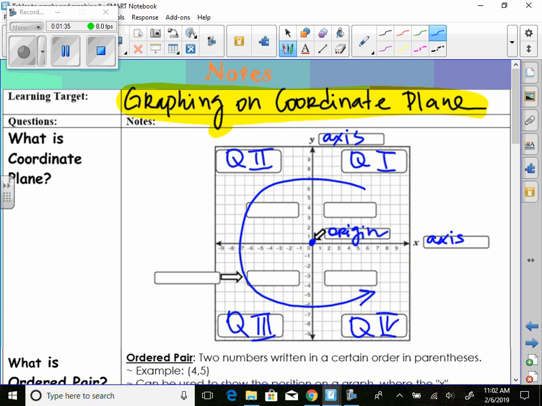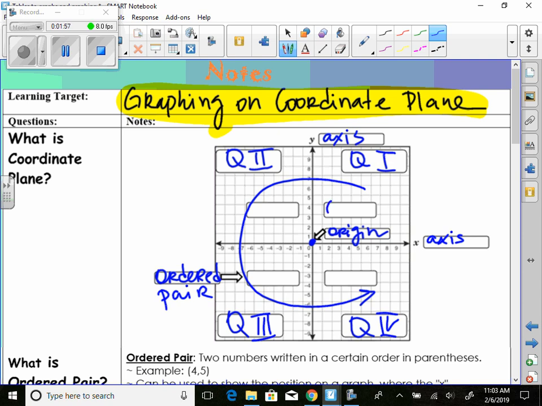Okay. So when we plot points on a coordinate plane, we plot them using ordered pairs, or coordinate pairs. So you will always be given two numbers, one for x and one for y.